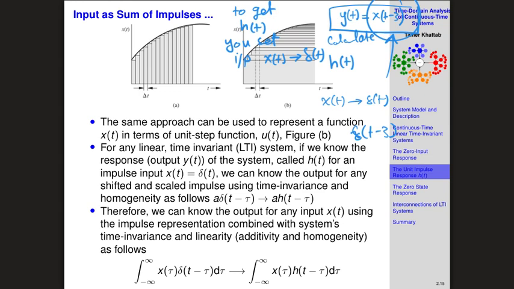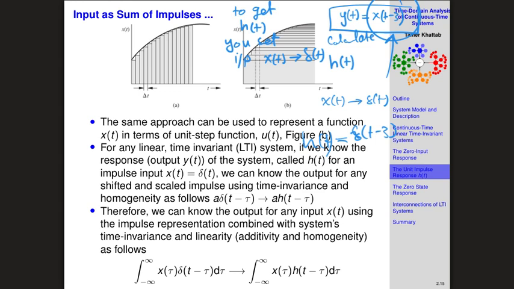So x of t itself is replaced by delta, then x of t minus 3 becomes delta of t minus 3, and that gives me the output, and that output for a delta input is what I call h of t. So the impulse response for this system, the output when the input is a delta function, is simply a shifted delta. And by the way, we call this system a delay system: we put a delta into it and it produces the delta shifted a little bit.